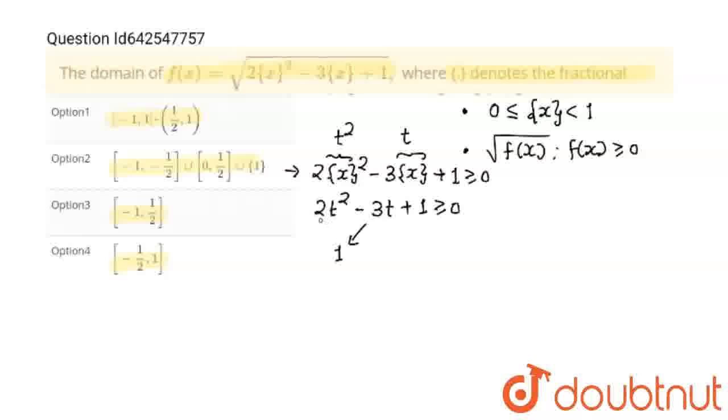How do I know this? Because the sum of coefficients is 0. And in any quadratic, if the sum of coefficients is 0, then its root is 1. 2 minus 3 plus 1 is 0, so its root is 1. And for any quadratic, if one root is 1, then the other root is c by a. So the other root of this quadratic will be 1 by 2.